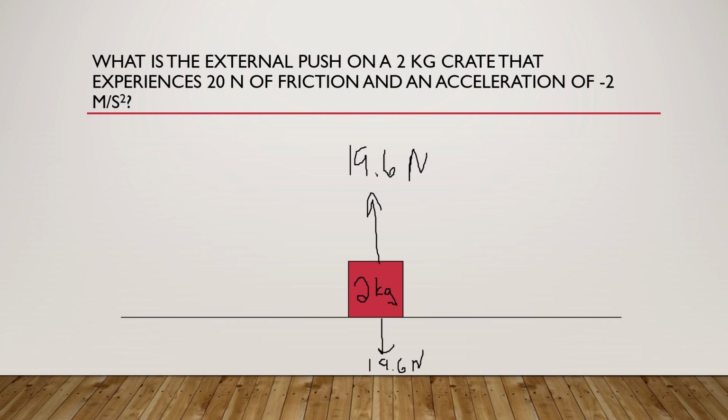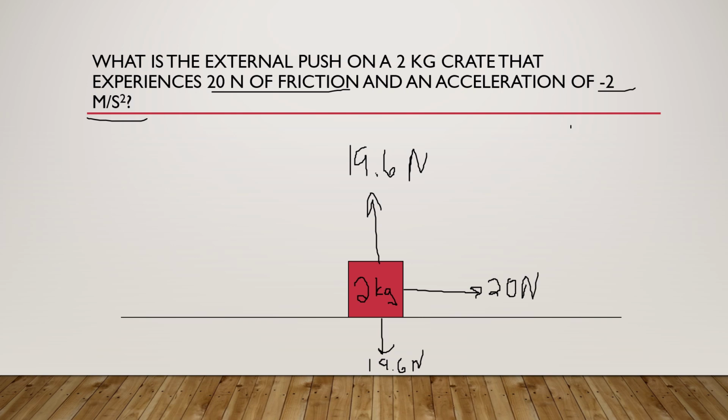Awesome. It experiences 20 newtons of friction and an acceleration of negative 2 meters per second squared. Okay, if it's accelerating negative 2, it's accelerating to the left. If it's accelerating to the left, that means the friction must be right. So in this case, the friction is right here, to the right.